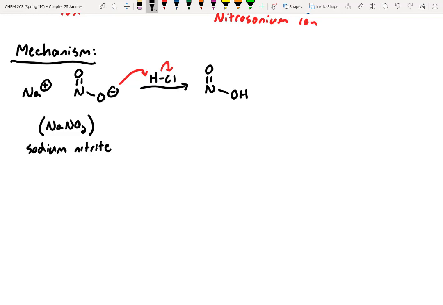So normally you don't buy nitrous acid. It's just easier to grab the salt and then protonate it as you need it because it's somewhat unstable. All right, and then in step 2, we're going to protonate this one more time. So this alcohol is going to steal a second proton. Is that one separate step? So we want to try to show the protonations individually.